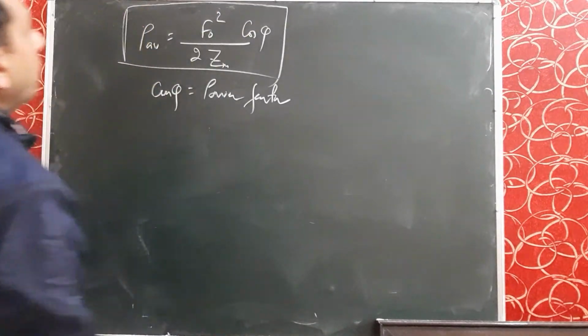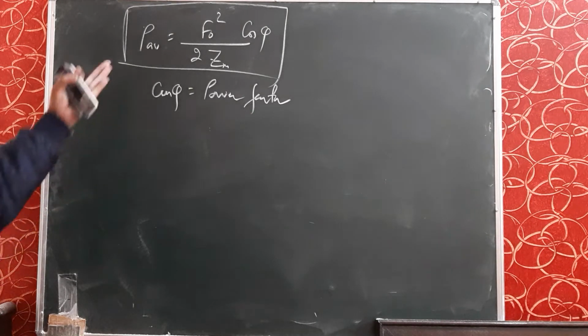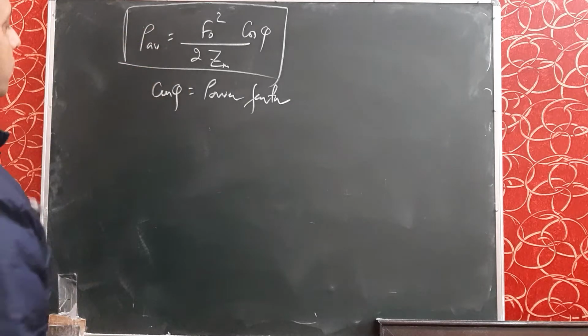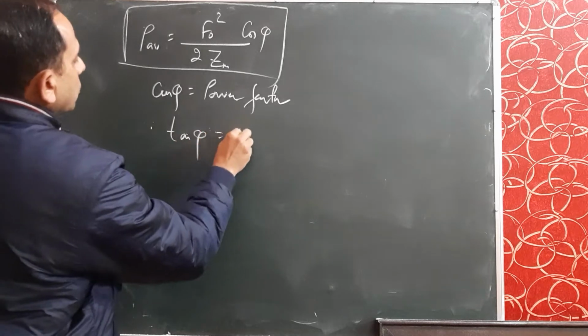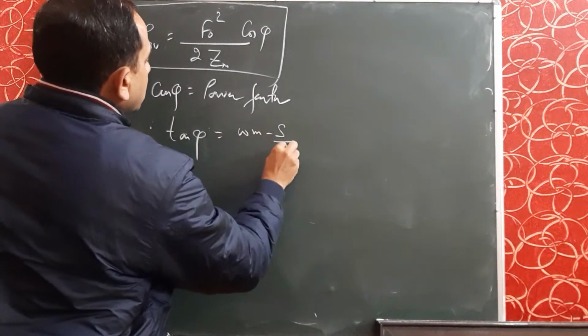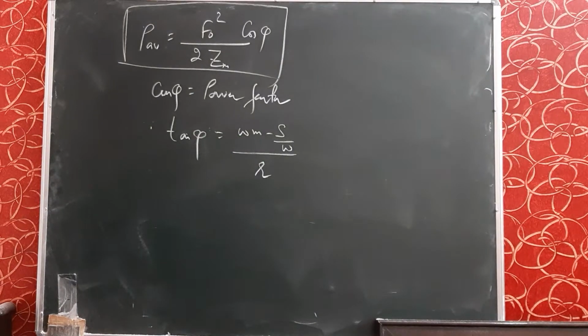If we put this value of cos phi from the value of tan phi, then this formula may be converted into a simple form. We know that tan phi is equal to (omega m minus s by omega) upon r. Okay.